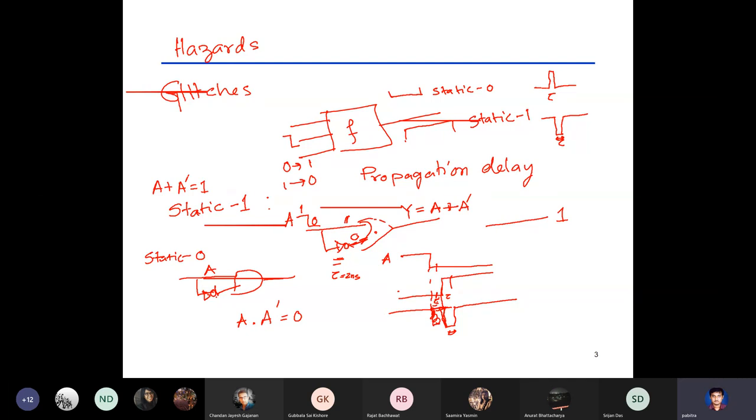Now the question is, if we don't have this kind of circuit realization, will we not have a hazard? The thing is that even for 2-level circuits, let's say I have a 2-level circuit, I'm just writing down the expression. Let's say Y equal to BA plus C A prime. There are 3 inputs.